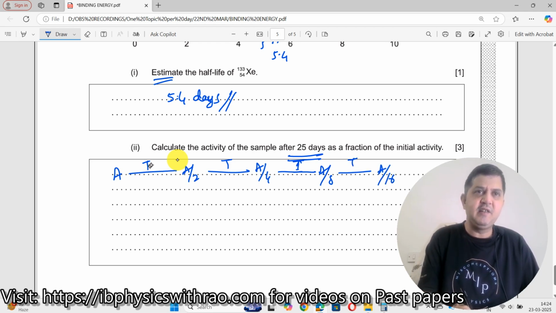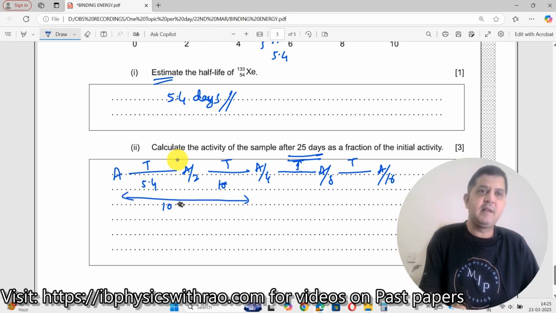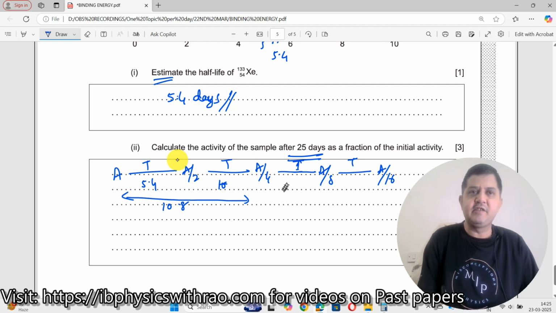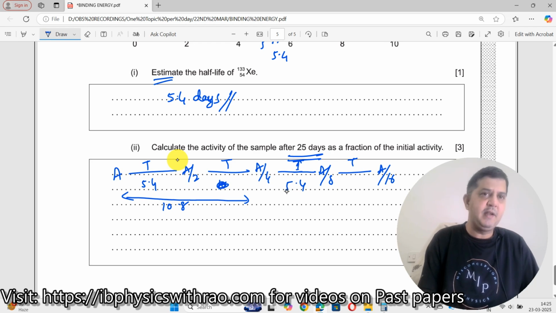So what is this T here? 5.4. If it is 5.4 and 25 days is asked, how much multiple of 5.4 can be 25? This could be 5.4. Then from here to here, it could be 10.8. Another 5.4 gives 16.2.